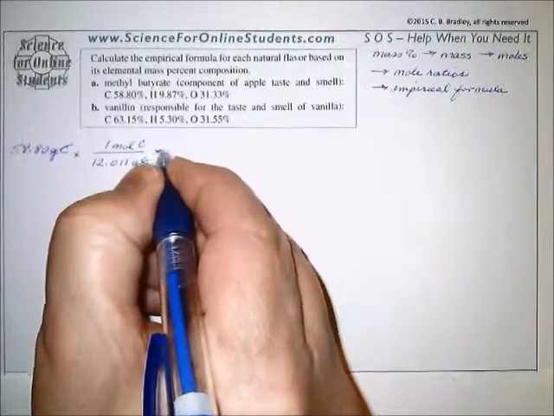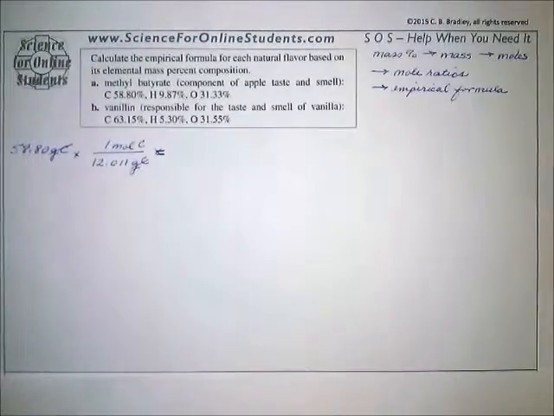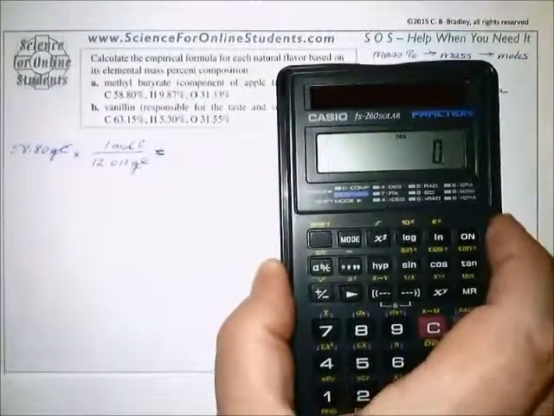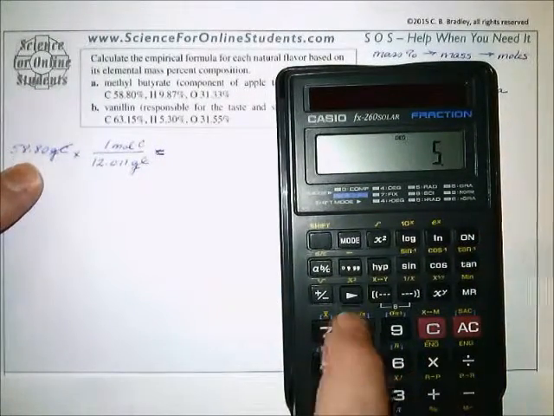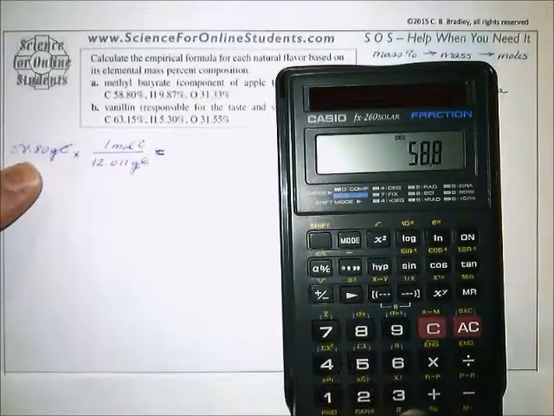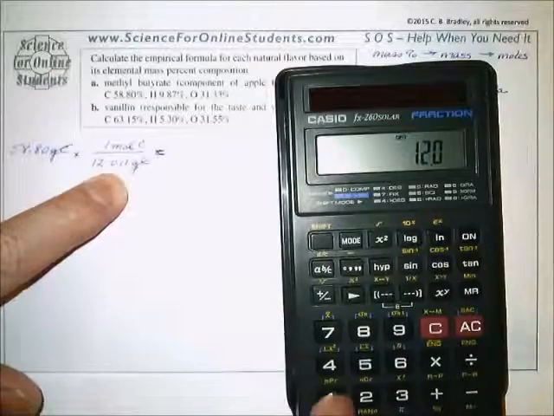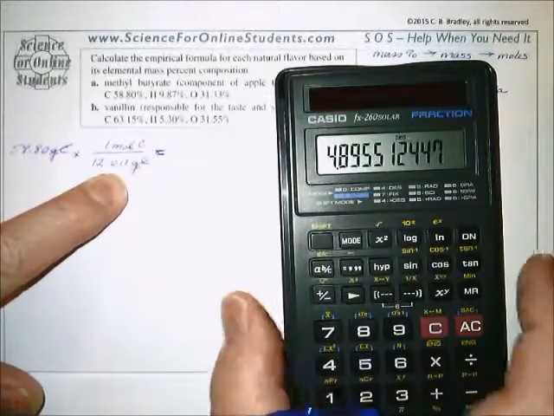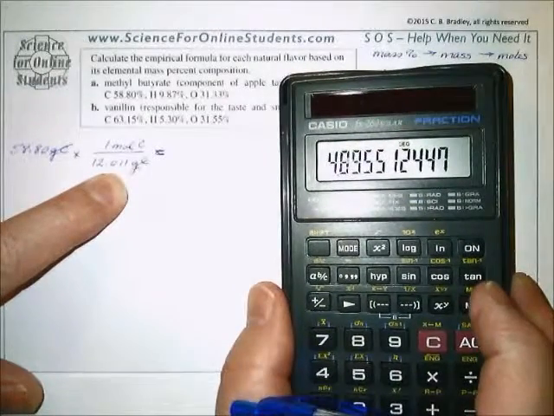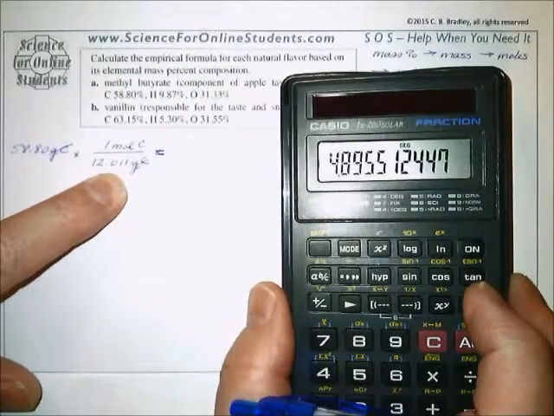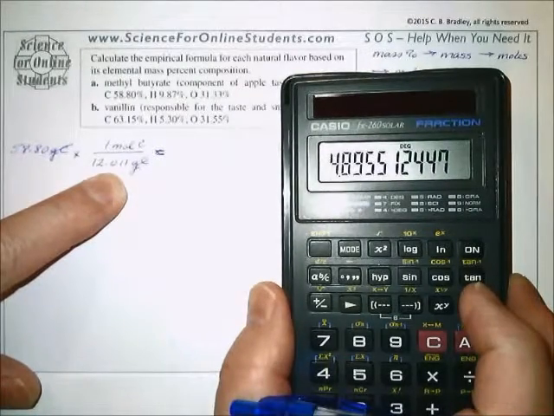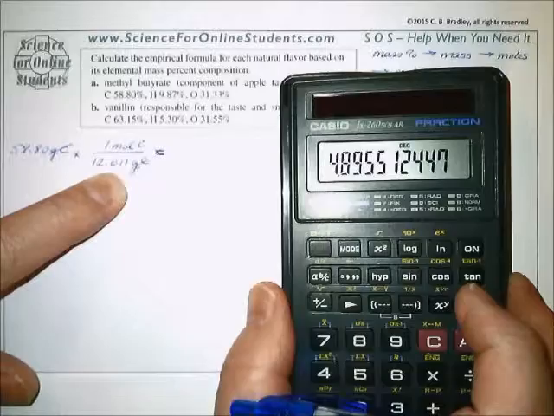So instead of another step, we'll change that to an equal sign, and we'll have 58.8 divided by 12.011, and that gives us 4.8955, which is too many sig figs, 4.896.